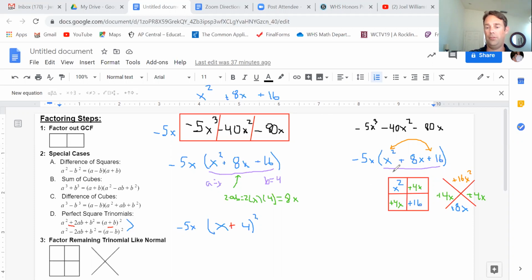And certainly last, and certainly not least, we have x plus 4. And if you notice, you're still going to get that perfect square trinomial to pop out.